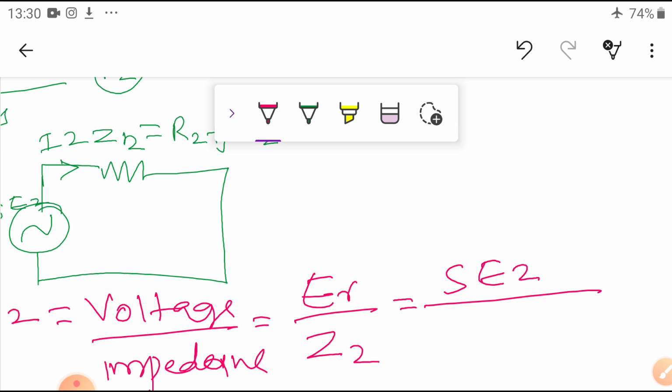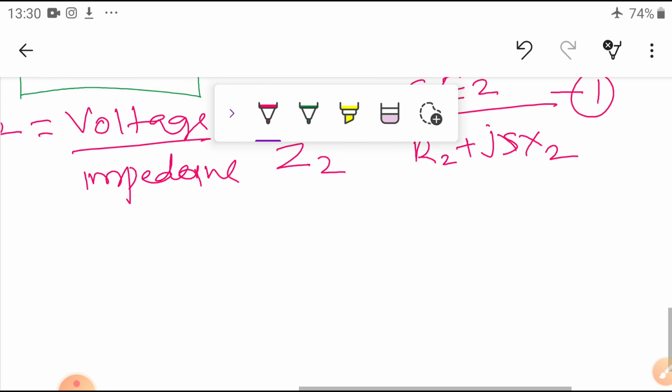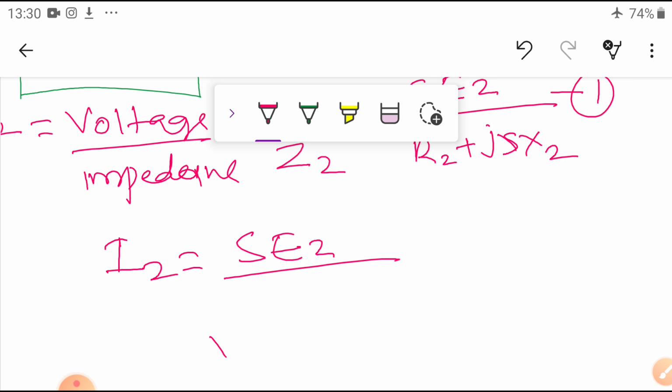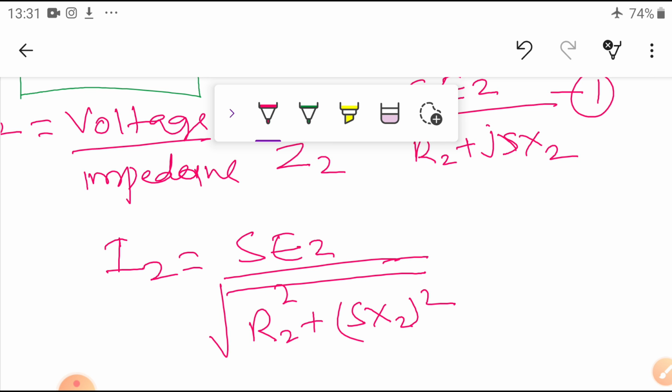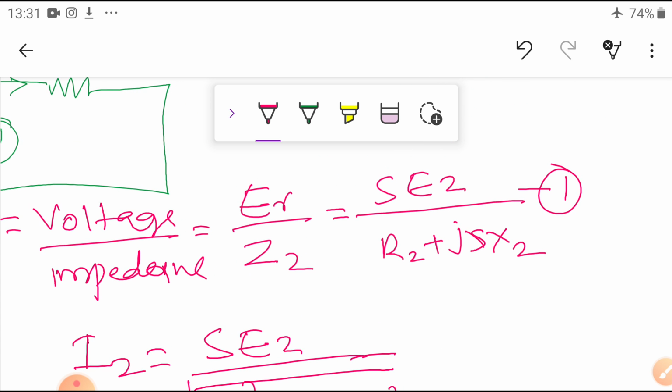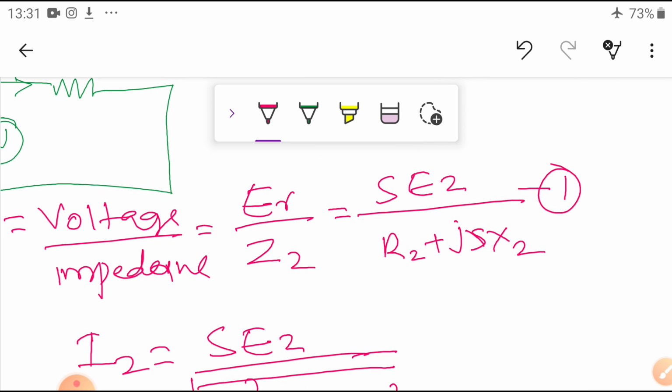What is Z2? R2 plus j S X2. So this is the EMF equation. So I can write this current I2 as S into E2 divided by the square root of R2 whole square plus S X2 whole square. So this is another equation.